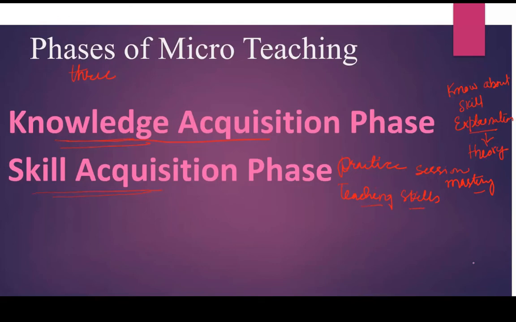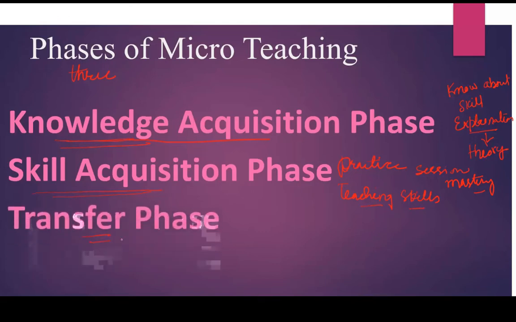Okay, so the third phase is the transfer phase. In this phase, we transfer the knowledge to the real classroom. What we have learned and mastered in the skill acquisition phase, we transfer to the real classroom. We integrate all the skills, like the skill of introduction, skill of explaining, skill of reinforcement, skill of probing questions, or the skill of closure.